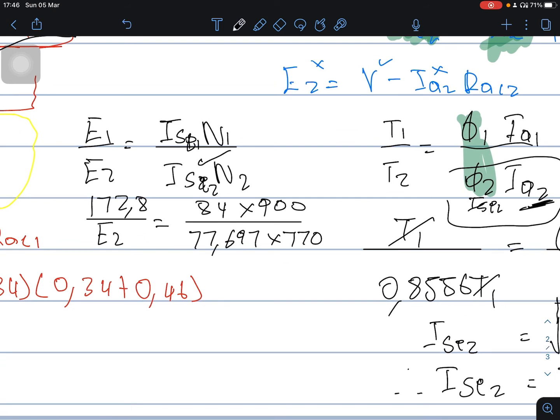Now we can cross multiply. We are just solving for E2.